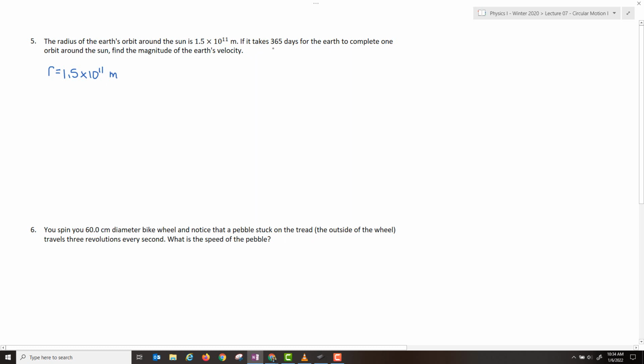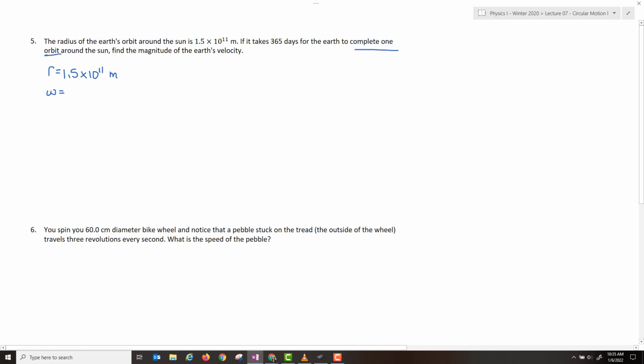It takes 365 days for the Earth to complete 1 orbit around the sun. Okay, so what can we use that for? What variable can that give us? That would be similar to our omega. It's just that the units are all off. So remember, omega is radians per second. In this case, we're completing 1 orbit.